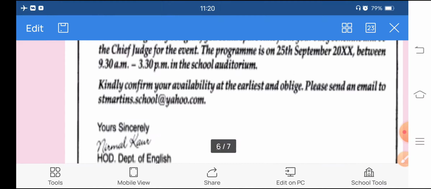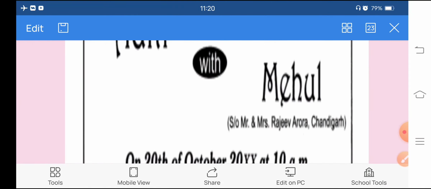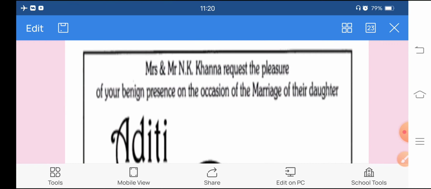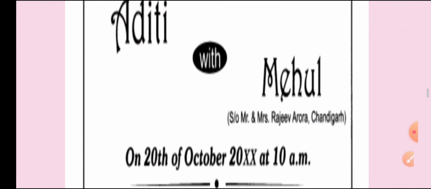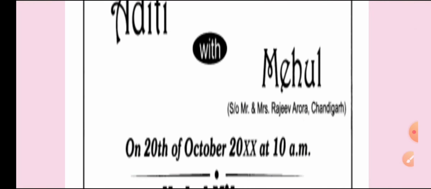I am talking about this wedding card, where Mr. and Mrs. N.K. Khanna are the hosts of the function, and the names of the honorees are Aditi and Mehul. It is on 20th October, and the year is not specified here. This invitation card is given in bulk to many of your friends and colleagues, and it is formal. We are going to do the reply to this style of invitation here.